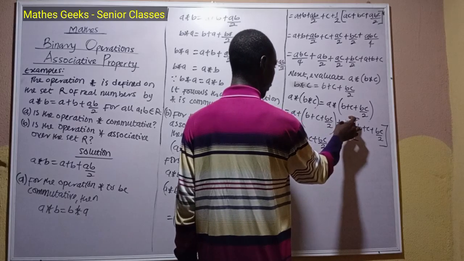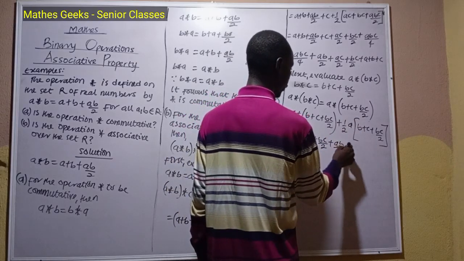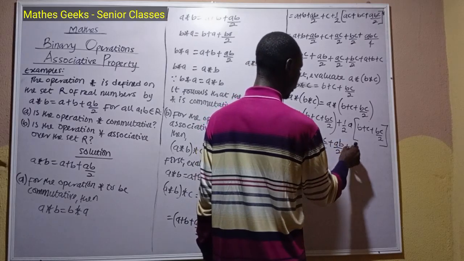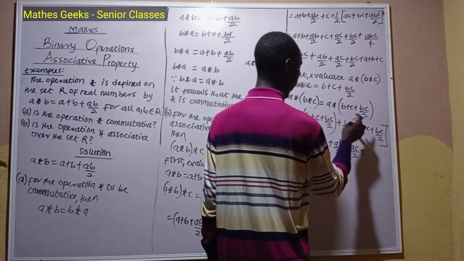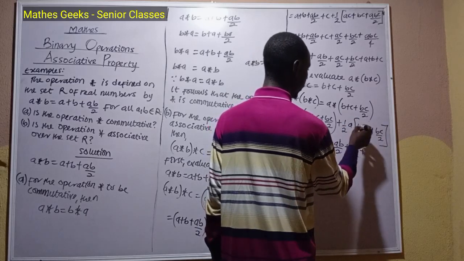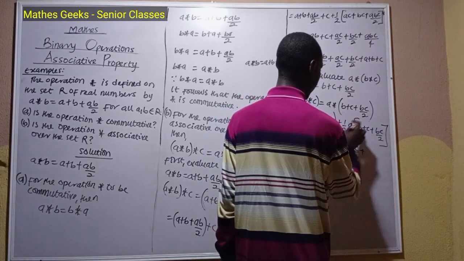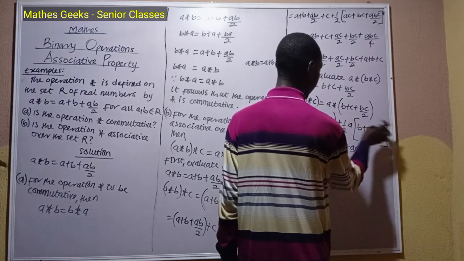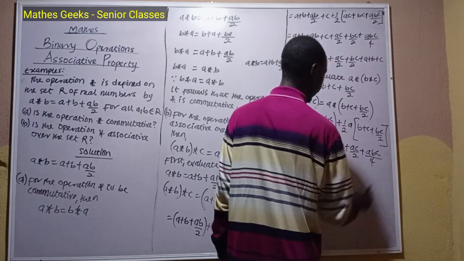1 times A is A, so A over 2. A over 2 times B will give us AB over 2. A over 2 times C gives AC over 2, plus A over 2 times BC. The numerator will multiply the numerator, so A times B times C gives us ABC. 2 times 2 will give us 4.